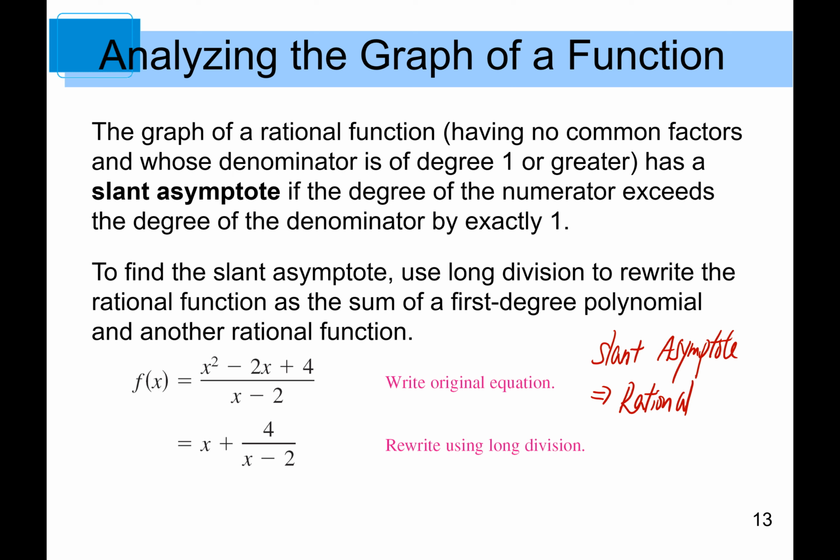When the degree of the numerator is bigger than the degree of the denominator, then you're gonna have a slant asymptote.